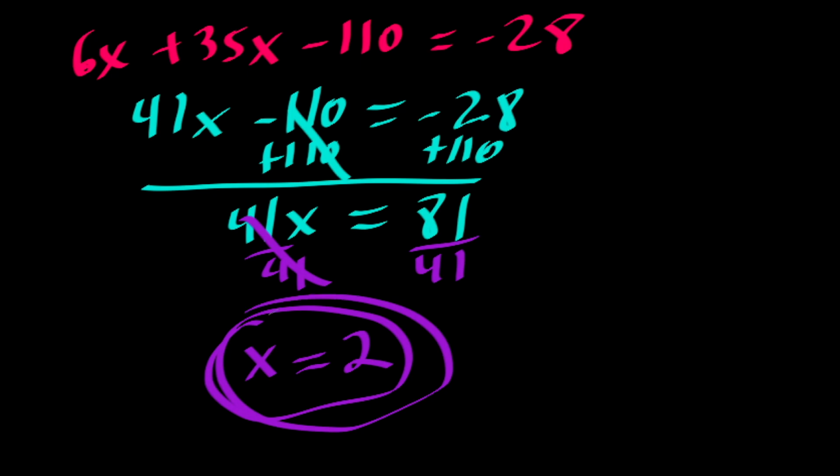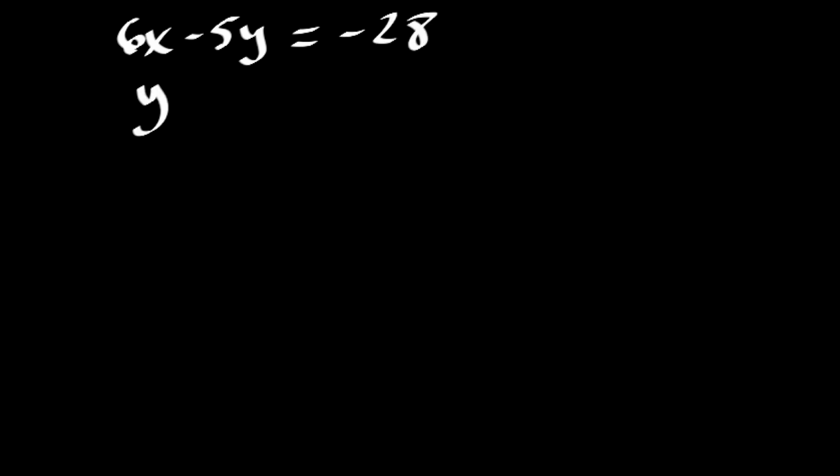So we're going to take this x value 2 and we're going to plug it back into one of our original equations. So we had 6x minus 5y equals negative 28. We're going to say y, I'll actually write the original just so we're on the same page. 7x plus y equals 22.